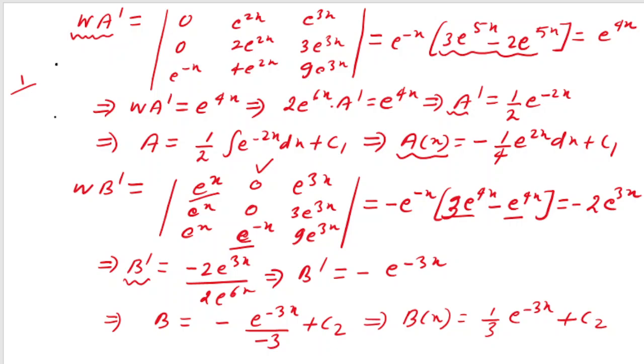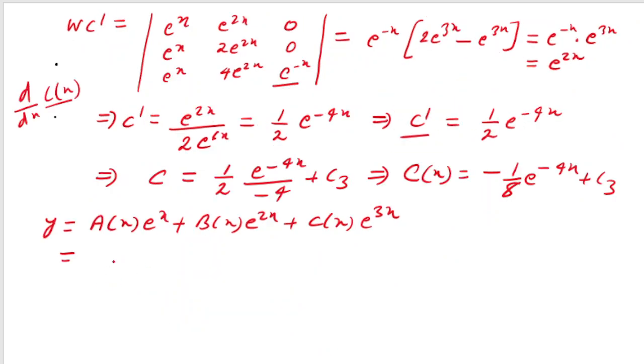Sorry, I wrote dx here by mistake, and I made some mistakes when I did a cross-check. First of all, this dx would not be there. Second, it is 1 by 4 e to the power minus 2x. So here we have a of x is minus 1 by 4 e to the power minus 2x plus a constant of integration c1 e to the power x.